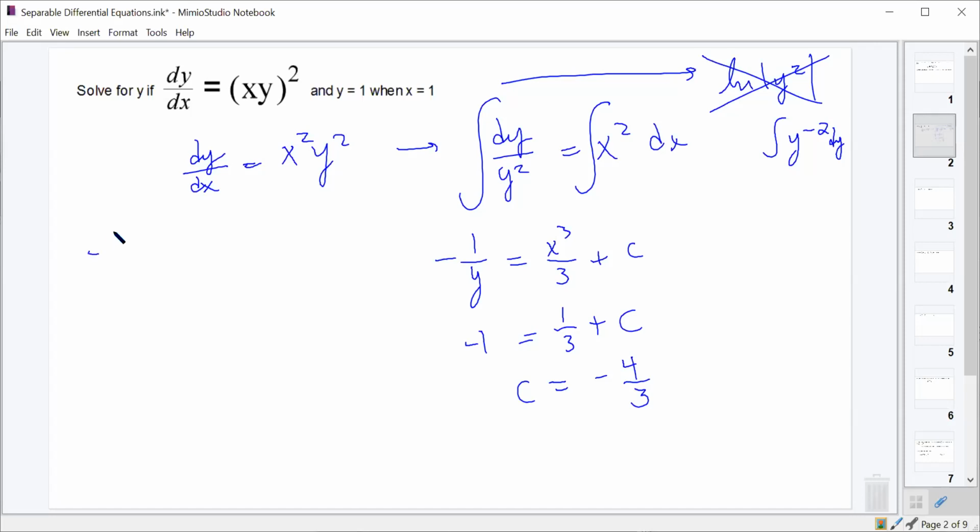So we should have -1 over y equals x cubed over 3 minus 4/3. And we're going to need to divide everything by a -1 and take a reciprocal of both sides. And one thing I want to caution you about, because a lot of people have screwed these things up in the past with the reciprocals, you need to combine the two fractions together into one before you can take the reciprocal.